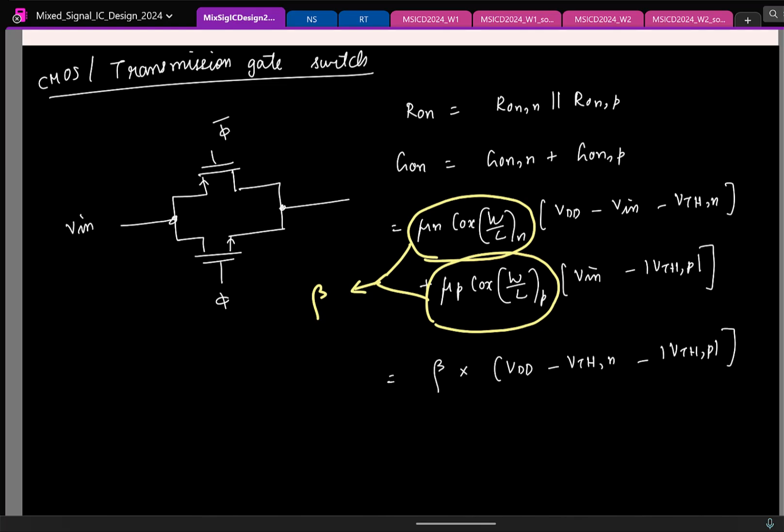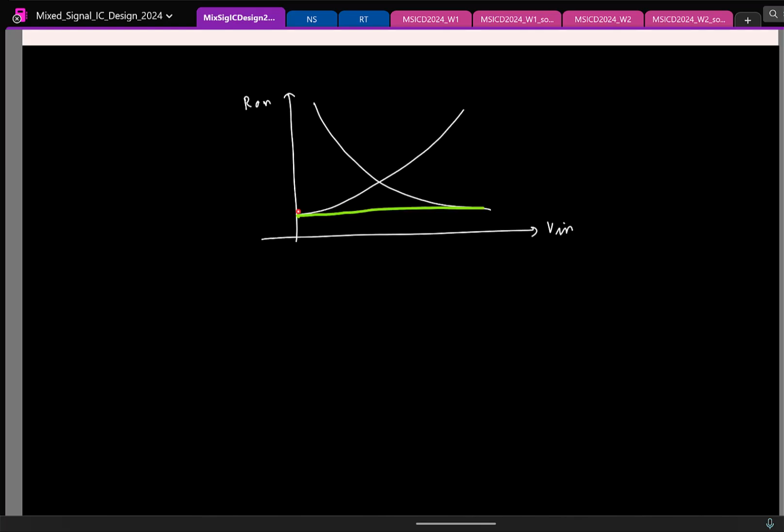And more fundamentally, the equation we have for on conductance itself is grossly inaccurate, because we have been using the square law approximation for the IV relation. So there itself we have made an error, and on top of it we are making an assumption which is not doable in practice. So because of all this, it won't be something that is flat like this. You will still have variations like this. Okay.